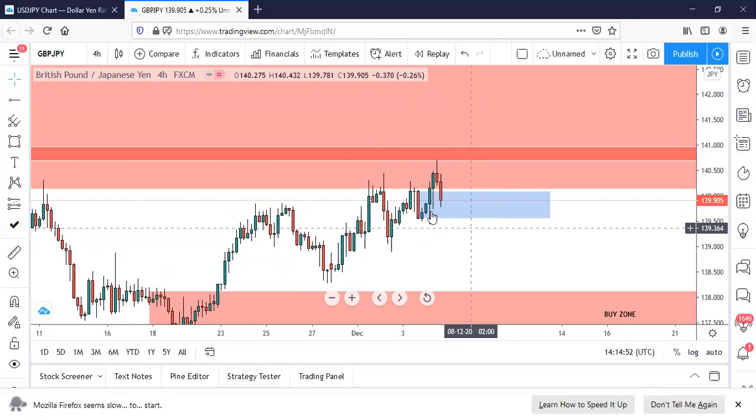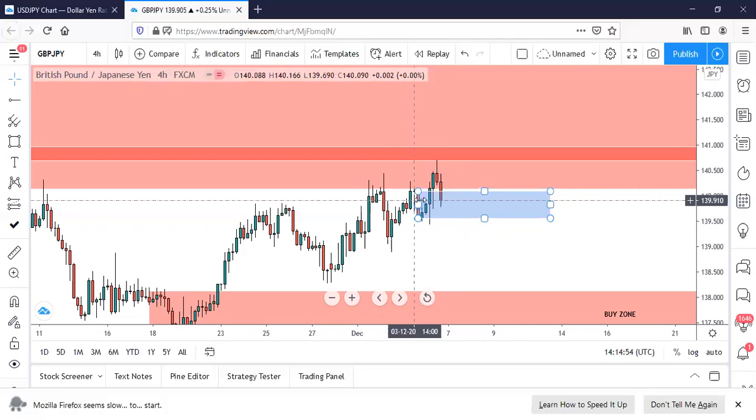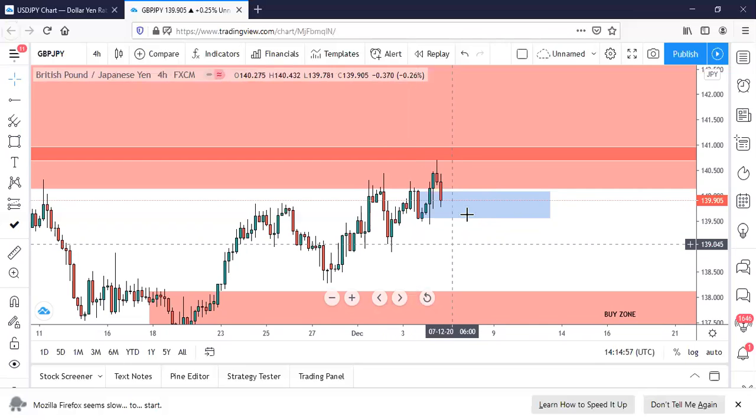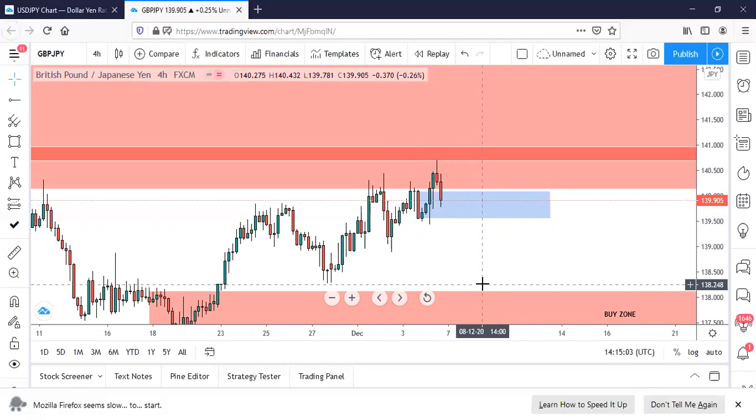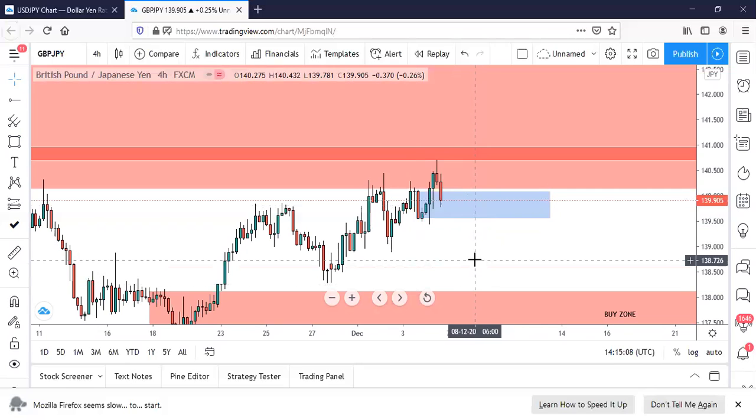So once you break below this block, we expect price to go inside it again, retest it, and continue selling. Okay, so this is my trade setup, or trade idea, for GBPJPY.